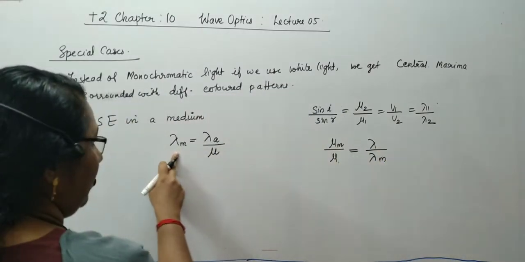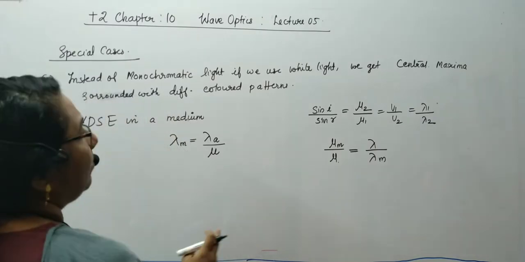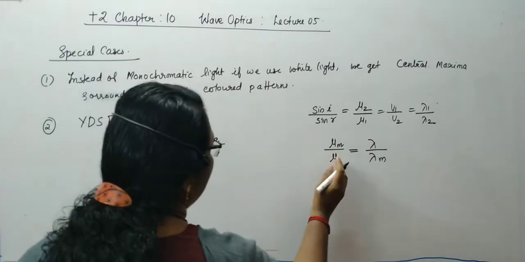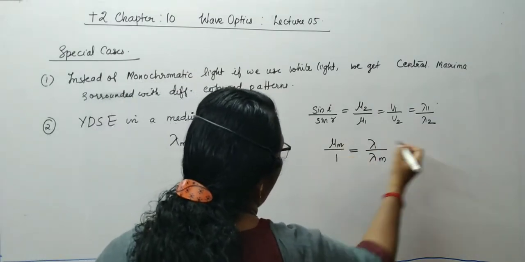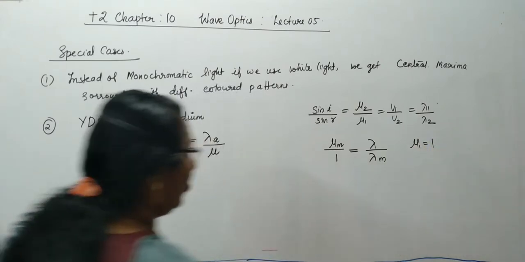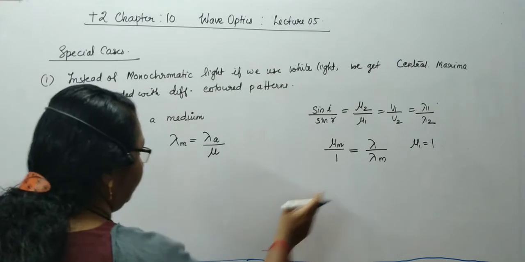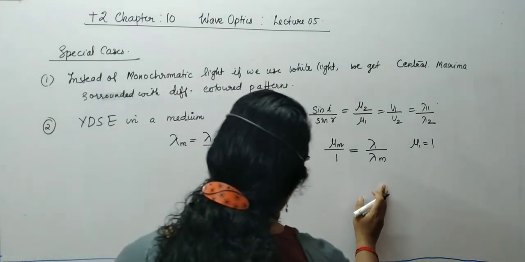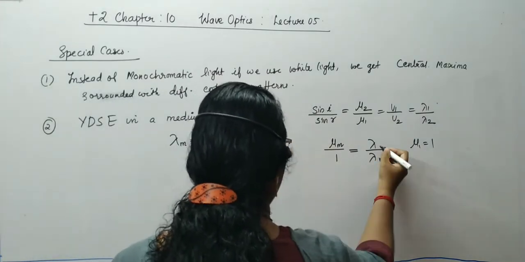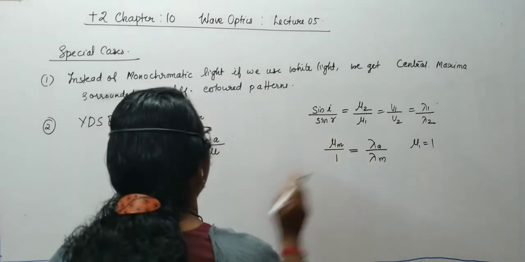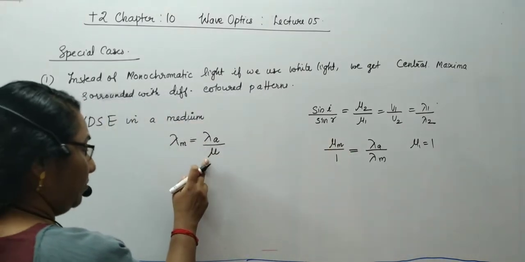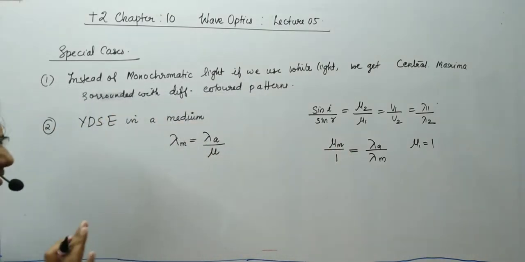So lambda in medium becomes, what happens? Mu in air is equal to 1, then lambda m is equal to lambda a by mu, that is mu of the medium. Clear?